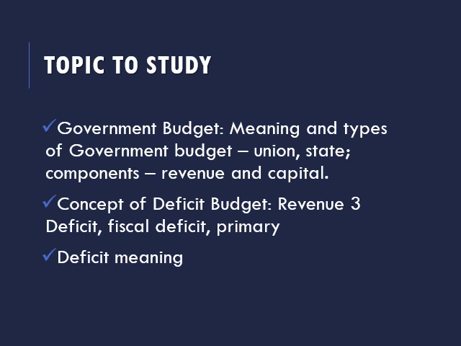Then thereafter we are going to discuss the concept of deficit budget: revenue deficit, fiscal deficit and primary deficit. We'll discuss those parts also, along with the implications and deficit meaning. So it is very important to mark all these important points, which is as per your council. It's a reduced syllabus I am talking about.